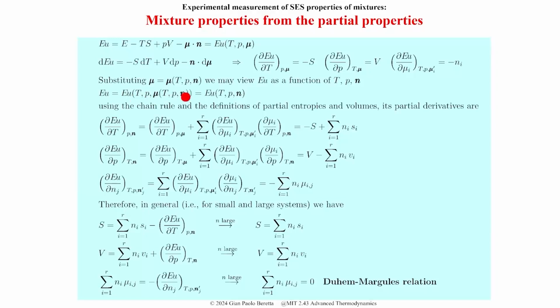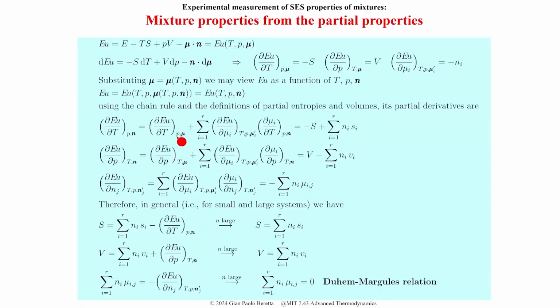Of course, we need to do some chain rule, because here we have a function of a function. So for example, the derivative of EU with respect to t gets one contribution from the t that is here, and that's the derivative with respect to t done when I think that the other variables, so let's say, loosely speaking, at constant p and constant mu.